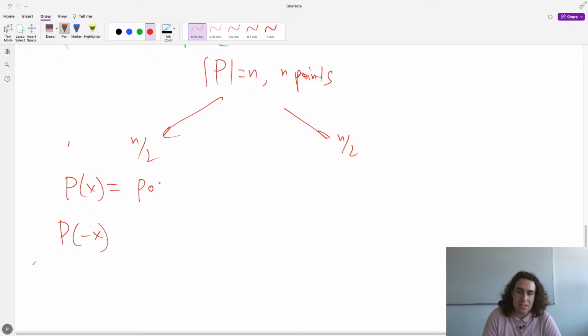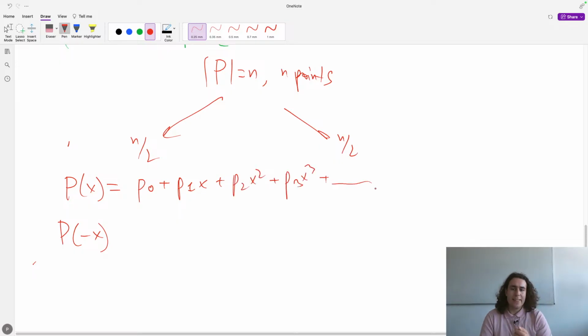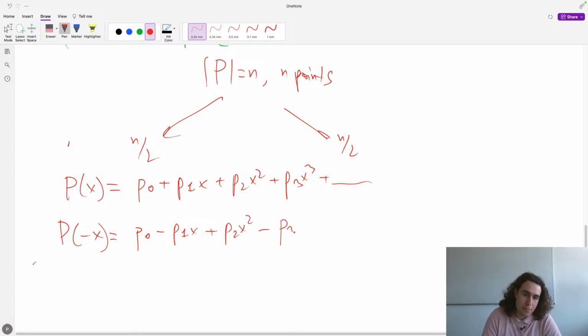So this is p0 plus p1x plus p2x squared plus p3x cubed and so on. And then if we plug in minus x, we're going to have minus x to some power. If this power is even, nothing changes, but if this power is odd, we get a negative sign. So we have p0 minus p1x plus p2x squared minus p3x cubed and so on.